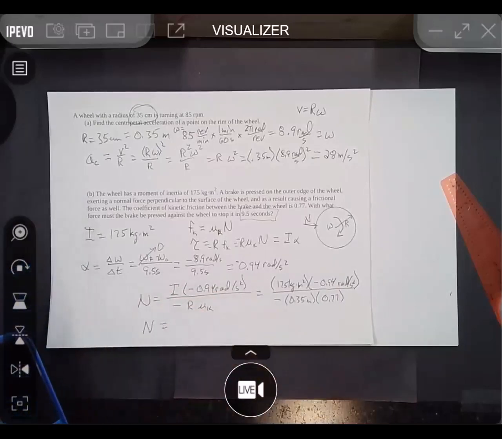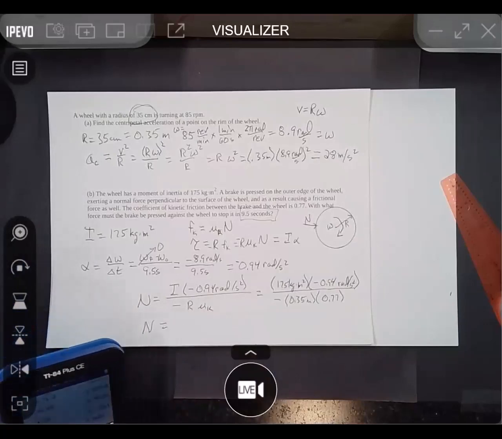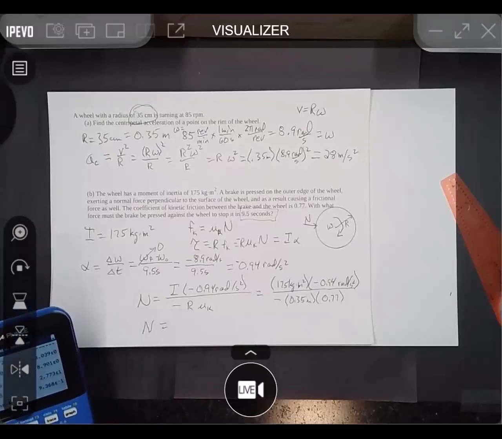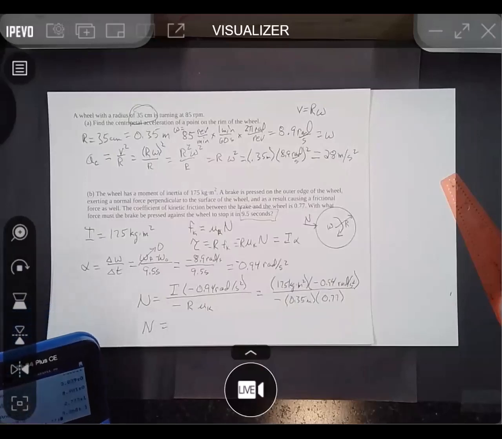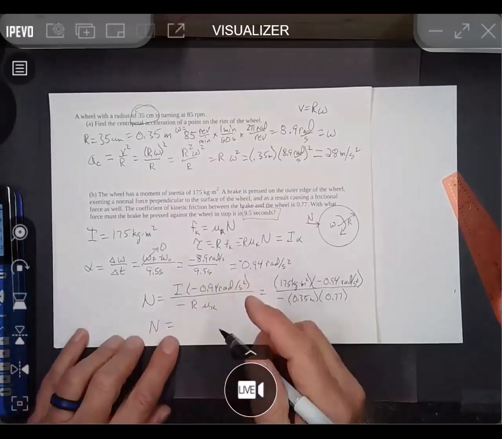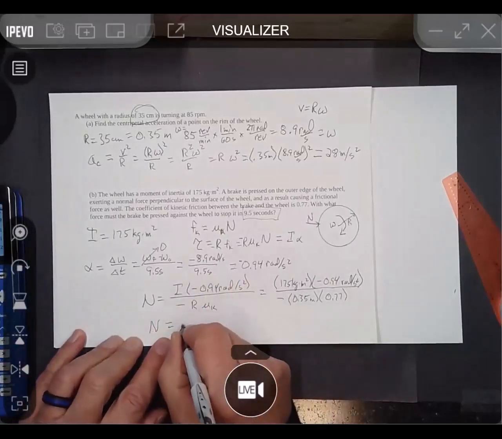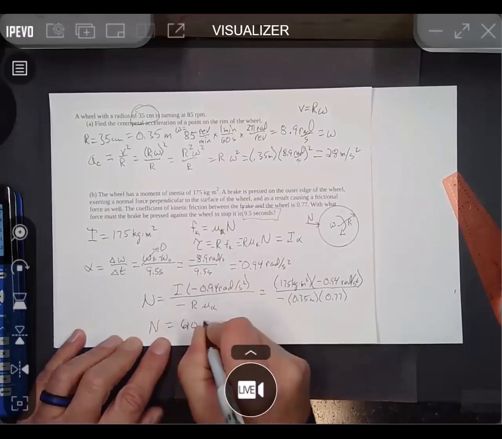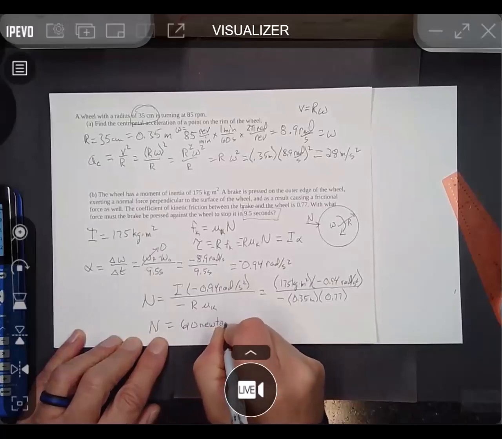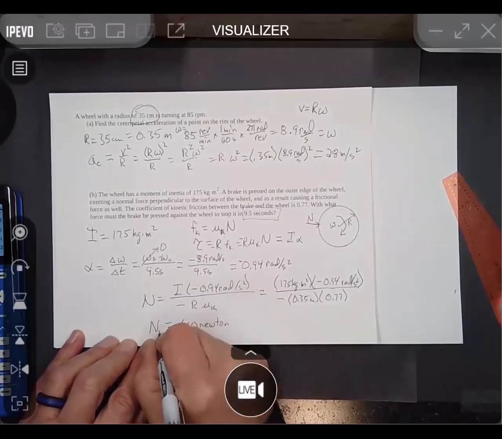It's not a Newton. And it's actually a relatively large force. I get about 610 newtons. Is that the normal force?